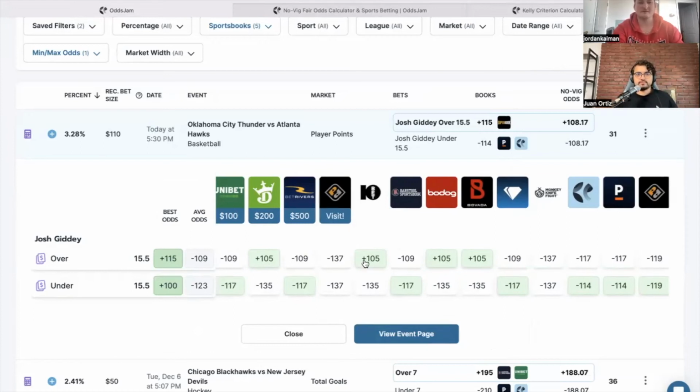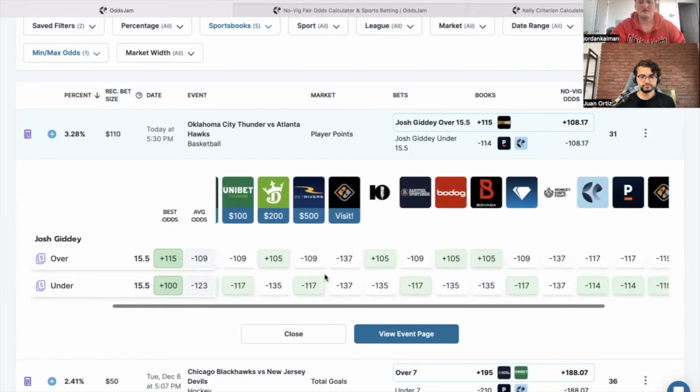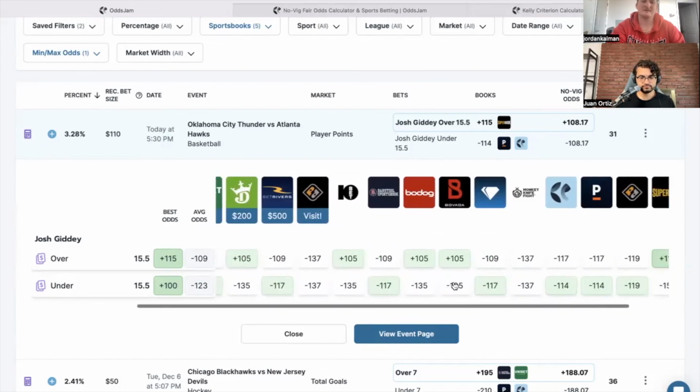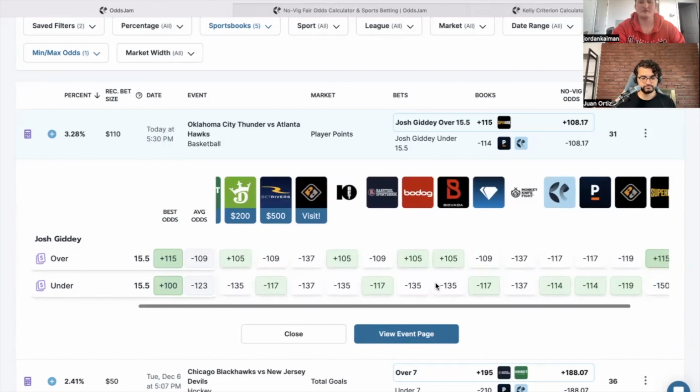Now, if you're just trying to find picks to parlay, obviously you wouldn't be taking this, but it's great. Because we're looking for a straight bet on a sportsbook and not one of the DFS platforms, it kind of skews the overall average odds. You could see you have Bodog and Bovada, both at plus 105. I'm going to guess they have similar odds providers, if not the same. I don't know, though.